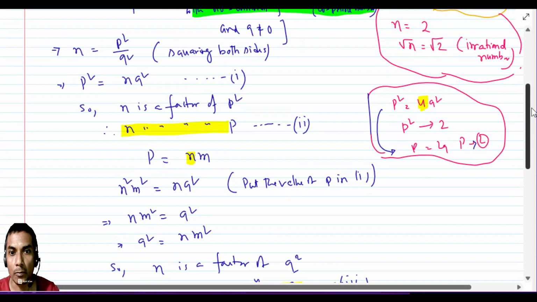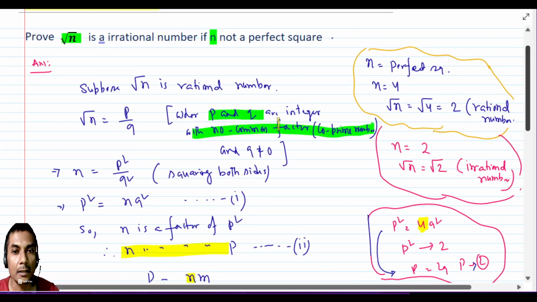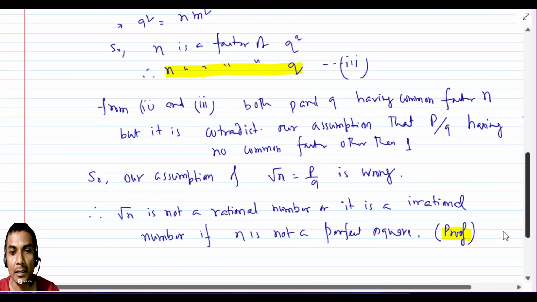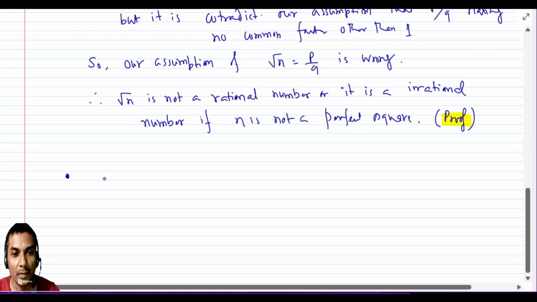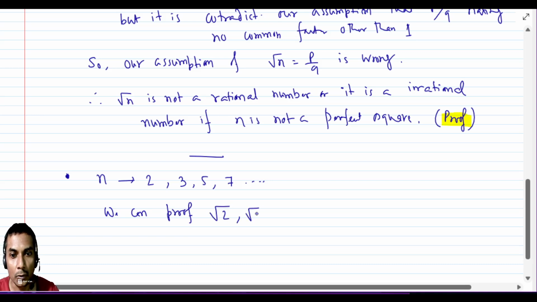So with this method, same statement, we can prove that any number, for example, you can replace n with 2 or 3 or 5 or 7, whatever, then we can prove that root 2, root 3, root 5, root 7 are irrational numbers.